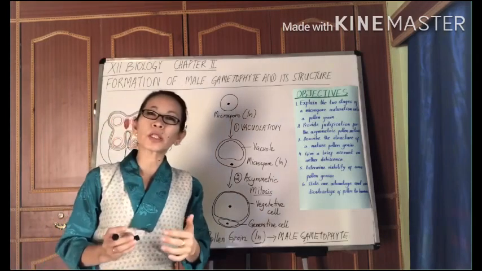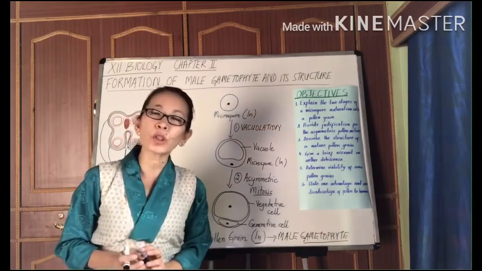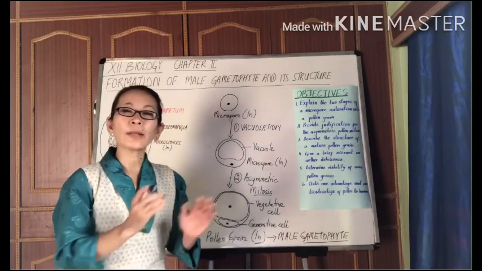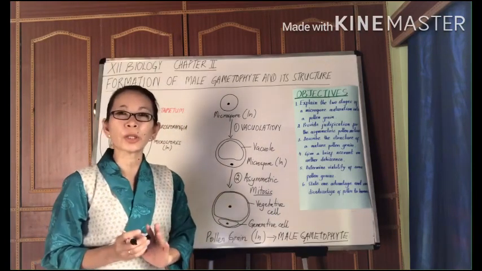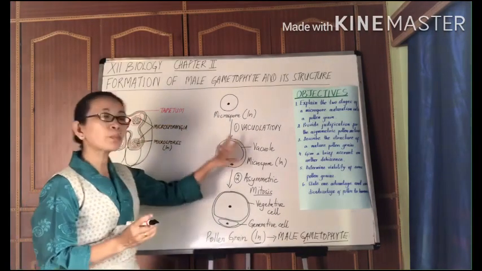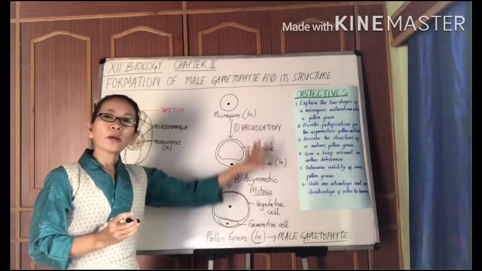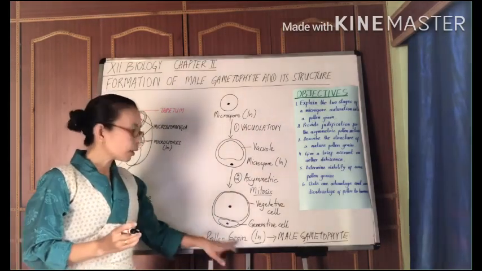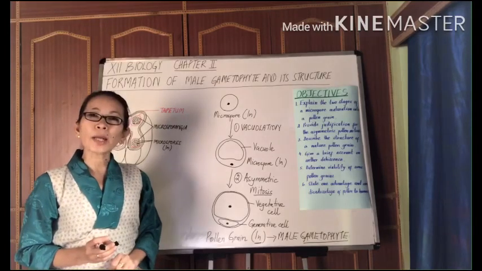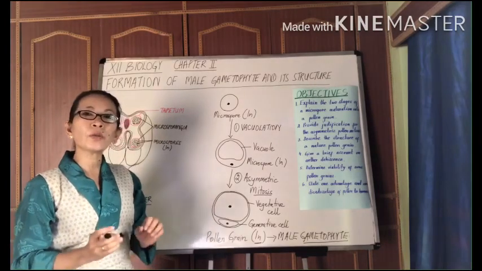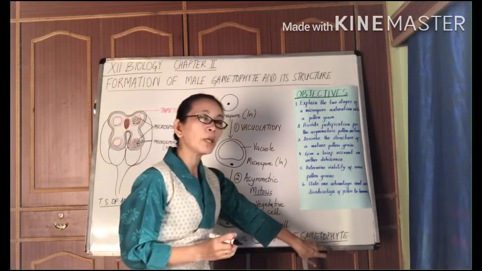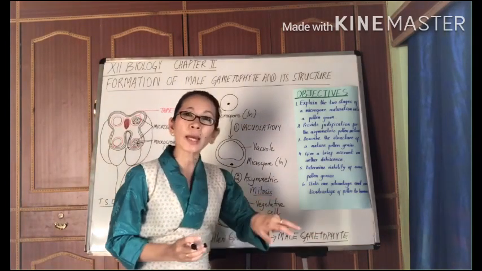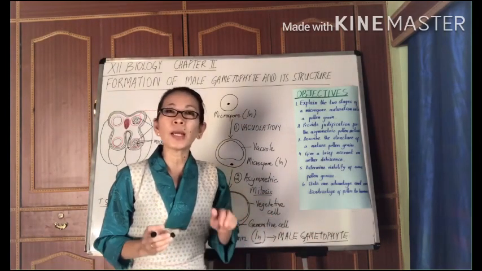Microsporangium gives rise to haploid spores by the process of meiosis, and that is the sporophytic generation. Now, the haploid spore on further maturation results in a structure which is called a pollen grain, and pollen grain is a male gametophyte. It's not exactly the male gamete, it's a male gametophyte.